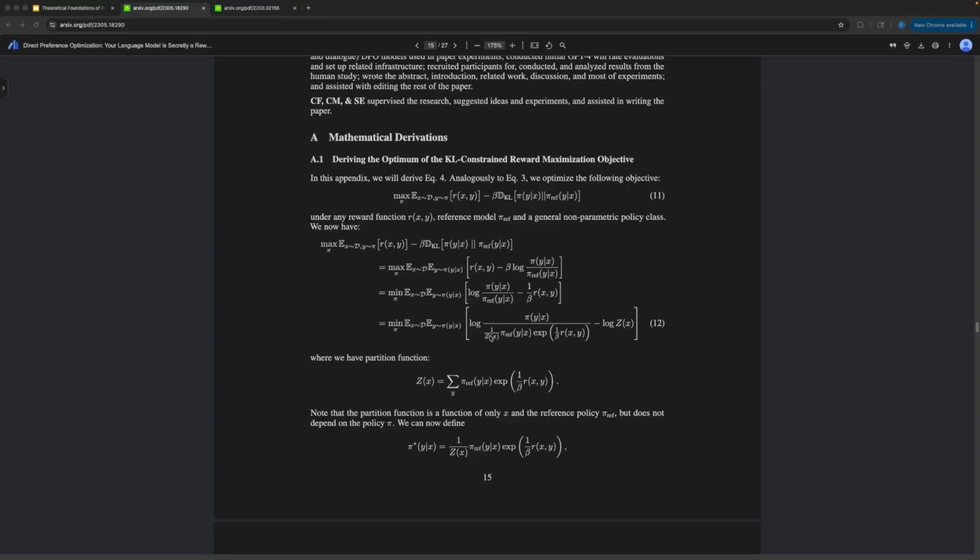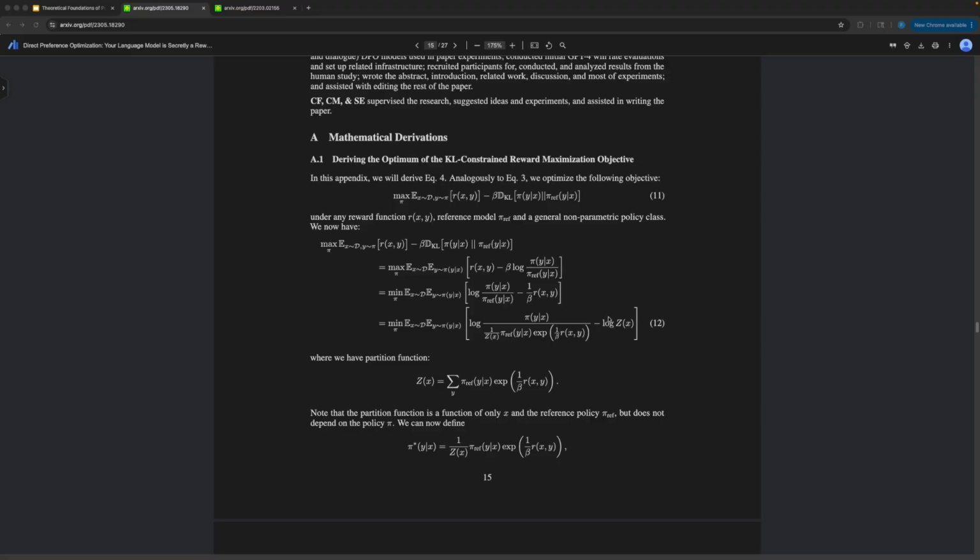So we divide it by a partition function z of x, which is nothing but the summation over all y of these terms, and that makes it a probability distribution. And since we divided it by z of x, we also multiply it by z of x, and we take it out basically in terms of minus log of z of x.